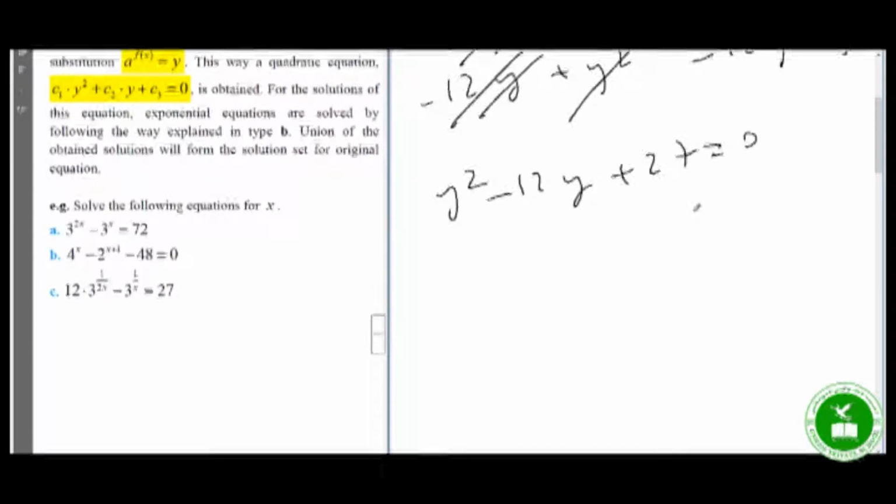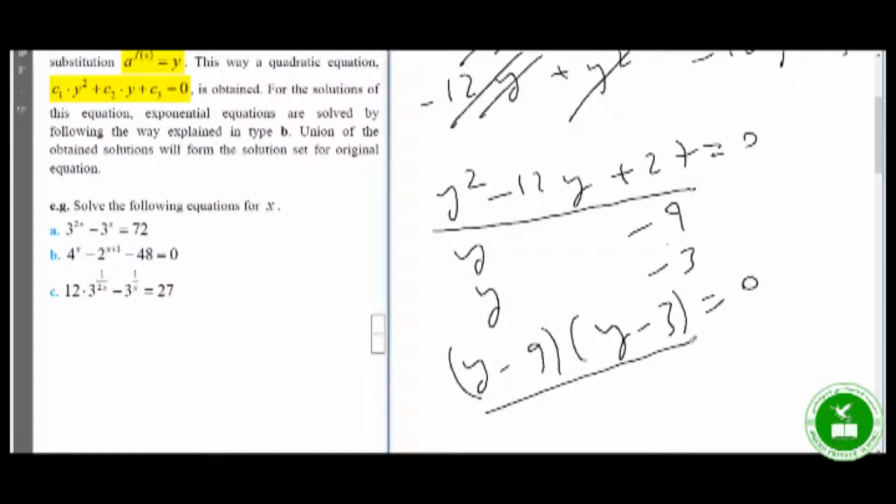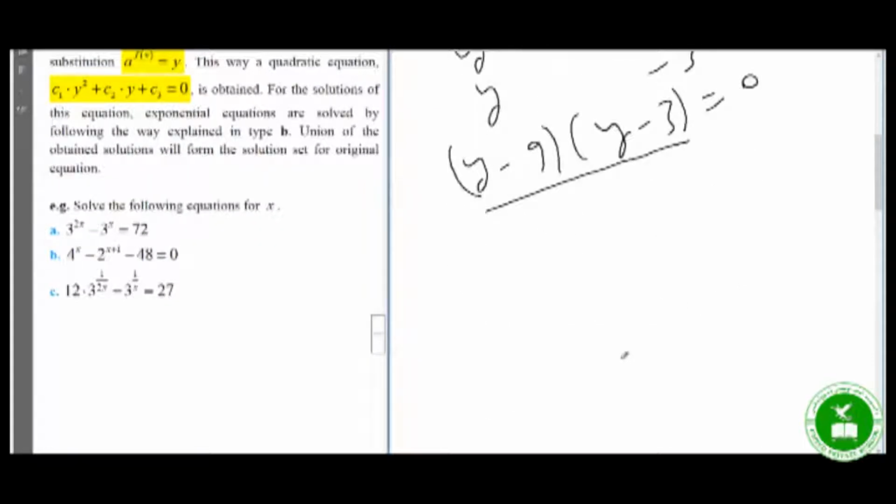I can write 27 as negative 9 times negative 3, and y squared as y times y. So y minus 9 times y minus 3 is equal to 0. It means this equation is factorized as y minus 3 times y minus 9 is equal to 0. So here, y1 is equal to 9, y2 is equal to 3.